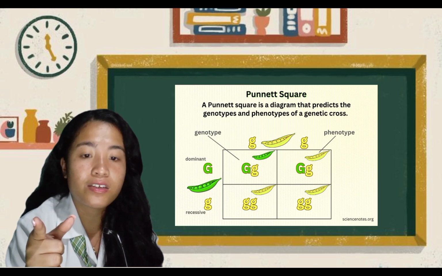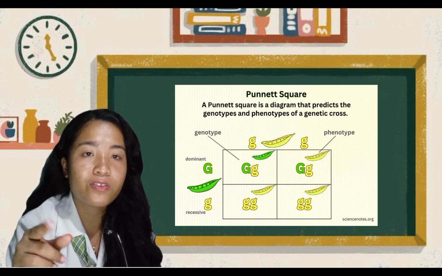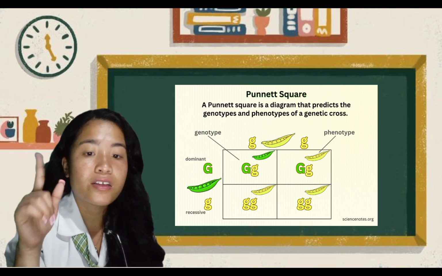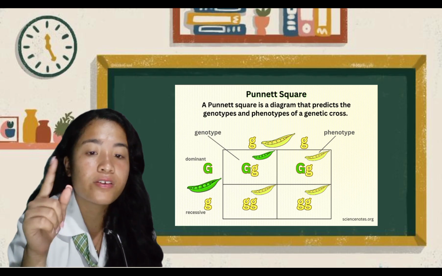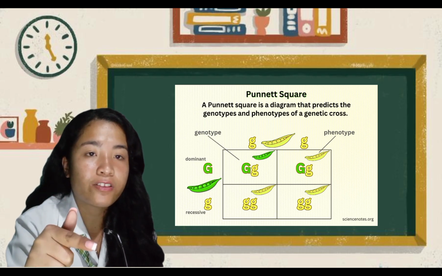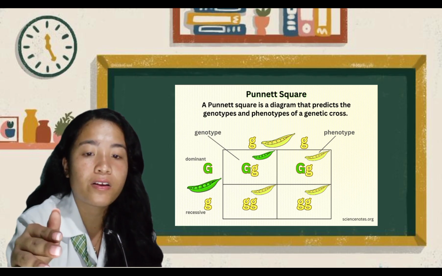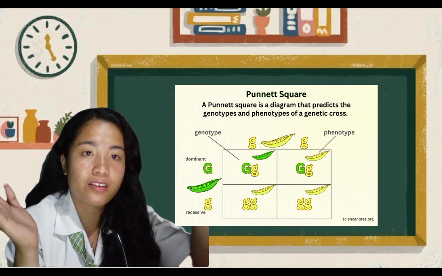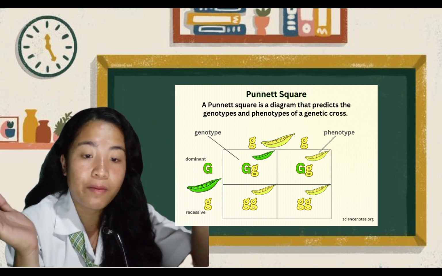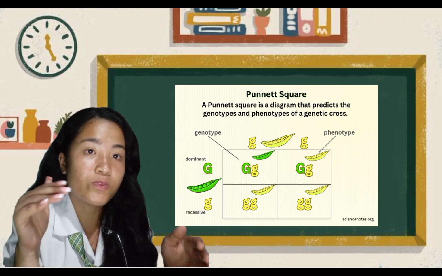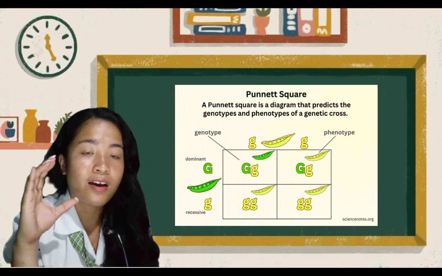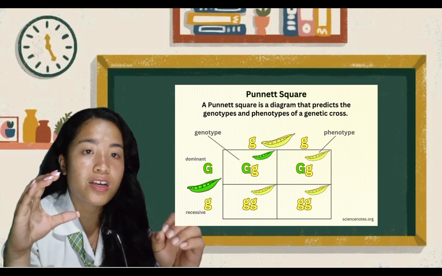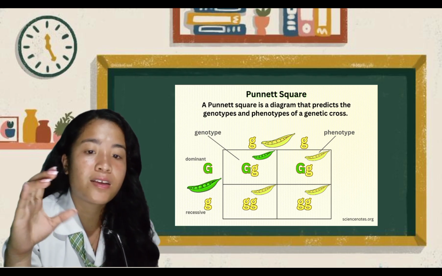In a Punnett square, we call what is under the boxes the genotype. Then the result will be the phenotype. For example, a big letter G combined with a small letter g could be dominant, because big letter G and small letter g is considered as dominant.